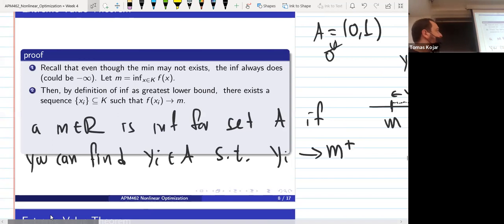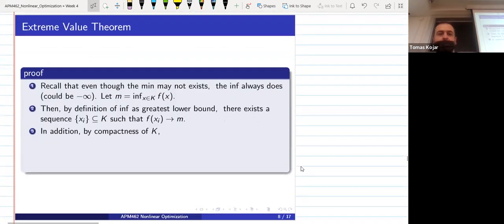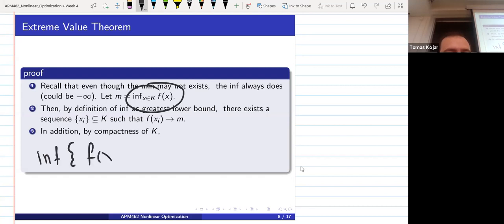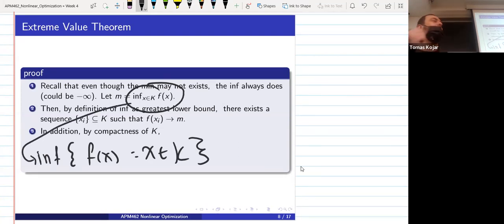So we apply it to our stuff, and let me explain how. Yeah, so we're looking at this infimum. So let's do it carefully. What is this set? This is the infimum of the set f of x for x in K. Okay, that's what we're studying, right?